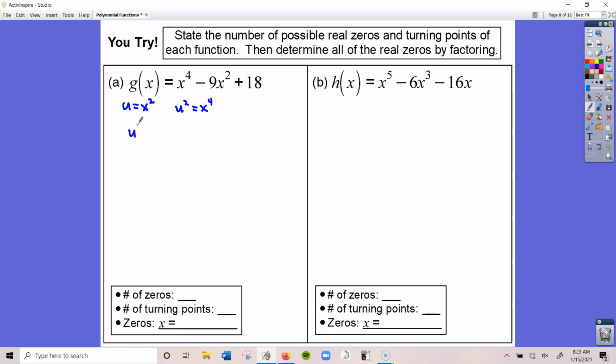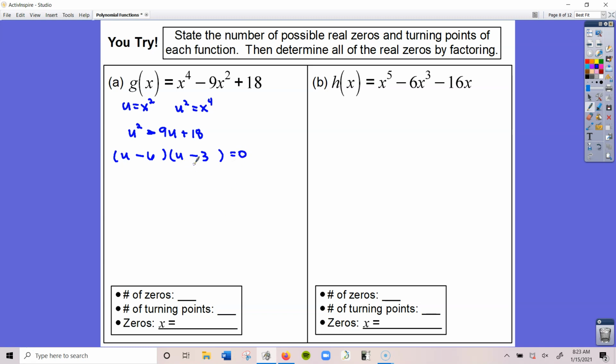So u squared minus 9u plus 18. Now we open our two parentheses to factor. The two numbers that multiply to give us a positive 18, but add to give you negative 9 are negative 6 and negative 3. And we're going to make this equal to 0.